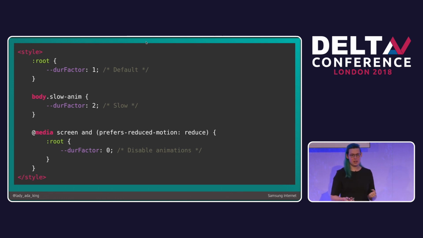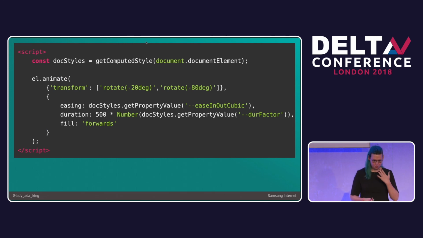You can also let users slow down the animations on the page if they prefer slow animations to no animations. So by adding a slow anim class to my body, now all animations will take twice as long because I'm using getPropertyValue dir factor for my duration. So it's pretty neat, and it allows us to combine media queries and JavaScript without using the JavaScript equivalents to remake your CSS media query logic in JavaScript.